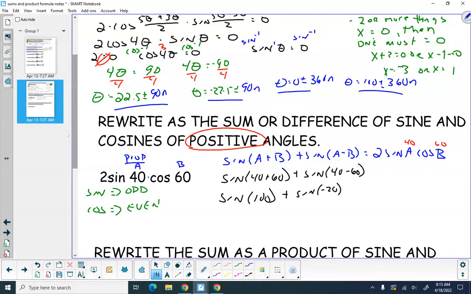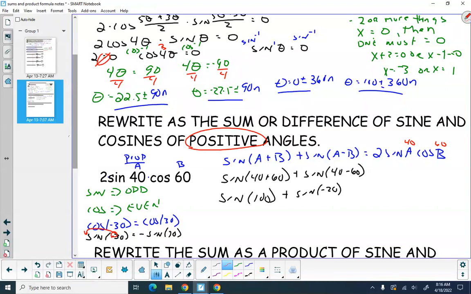Which means when we are an even function, the cosine of negative 30 is equal to the cosine of 30 degrees. Opposites give you equal values. When we have the sine of negative 30, this is going to equal negative sine of 30. So when I have a negative with the sine, it will come out front.